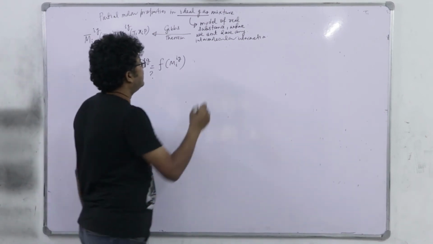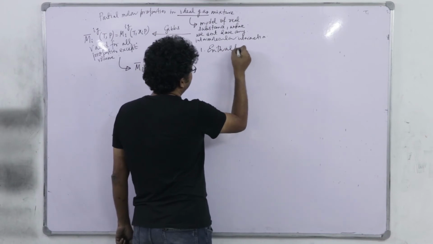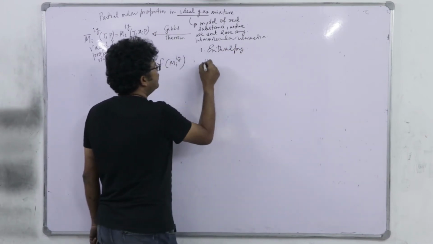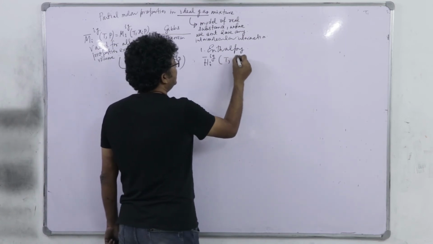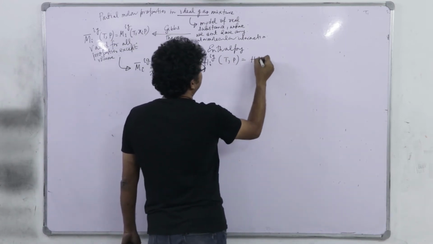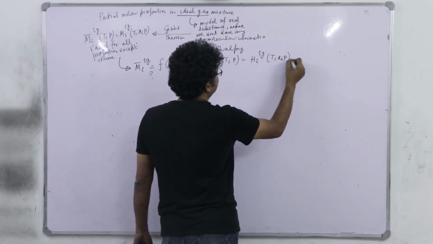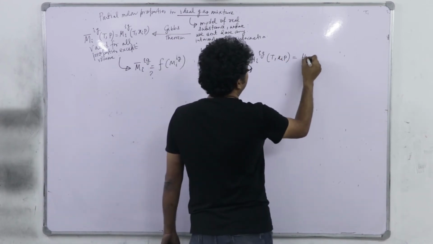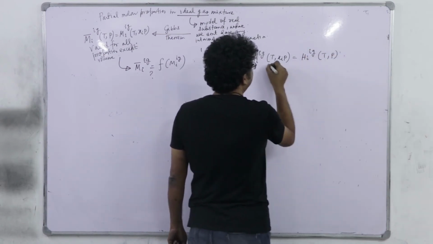So, we will choose different properties. First, enthalpy. We have Hi bar Ig at T, P, according to Gibbs theorem, Hi Ig at T, xi P, and that we can write as Hi Ig at T, P. How we can write that?